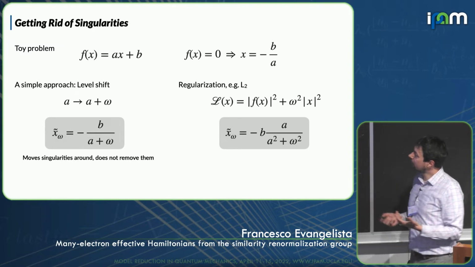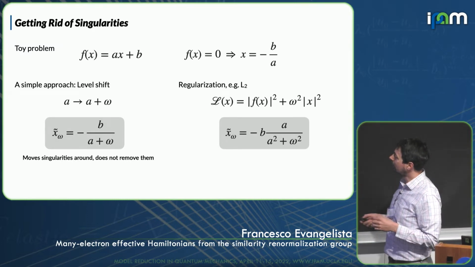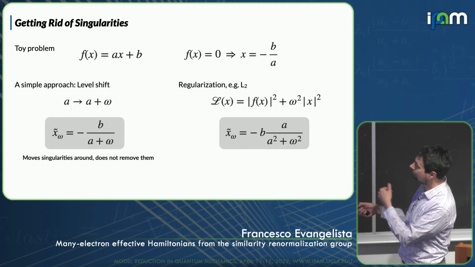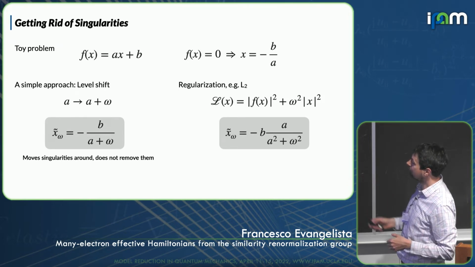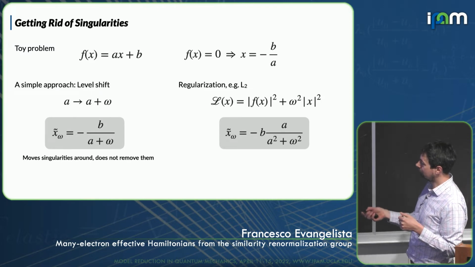Another approach that we could consider is regularization. So we could do L2 regularization, where we penalize solutions that have large value of x here. And now our regularization parameter appears here. Now, if you do it in the linear case, you get a solution like this.